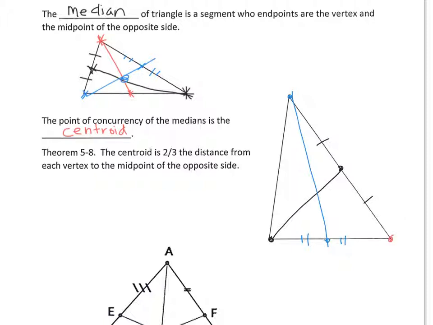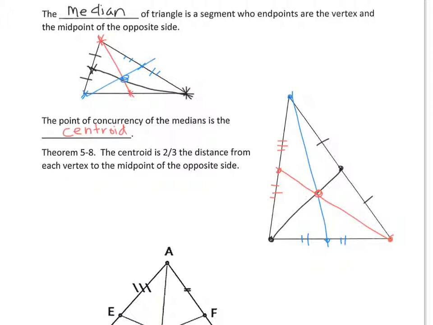This is a midpoint over here, connect it. So this is the centroid. So the 2/3 distance means that this segment right here is 2/3 of the entire red segment.